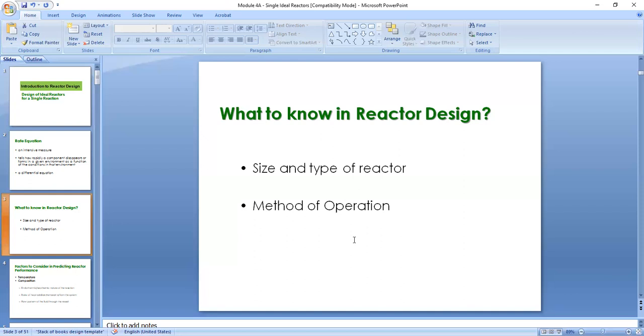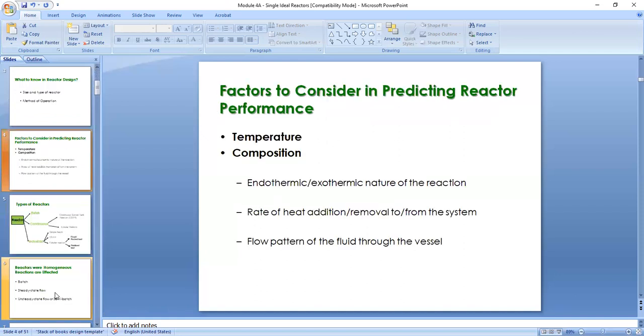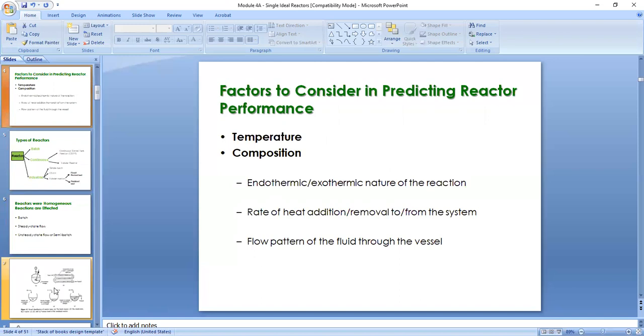Now, what are the factors that we need to consider in predicting reactor performance? When you speak of reactor performance, class, it's the volume being processed per unit time. That could be reactor performance, or it could also be conversion: what is the degree of conversion of your particular reactant in a particular reactor, let's say batch or CSTR or plug flow.